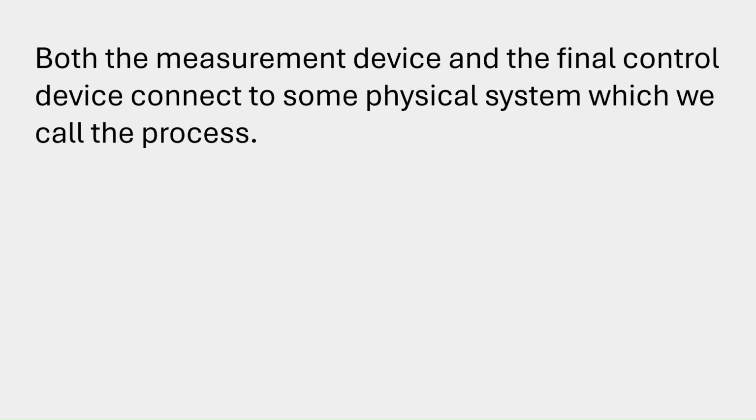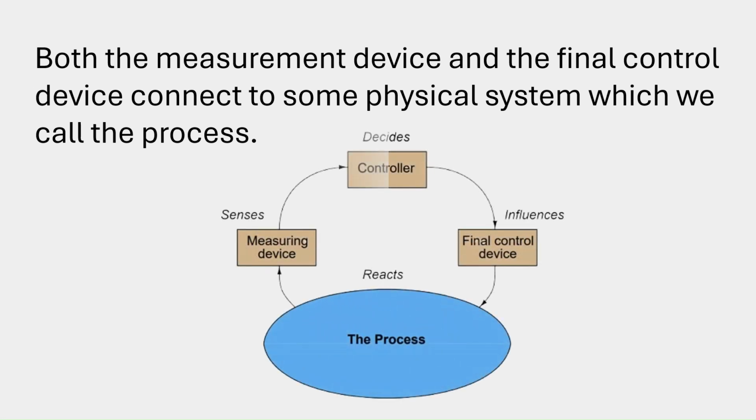Every instrumentation system has three main parts. We have the sensors or the transducers, which detect physical quantities like pressure or temperature and convert them into electrical signals. We also have the transmitters that send those signals over distances to a control system.